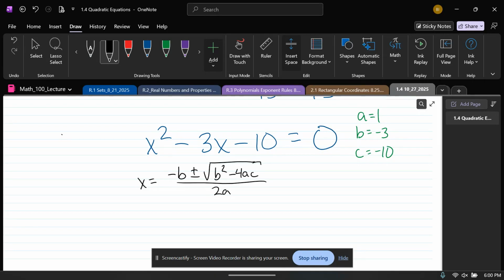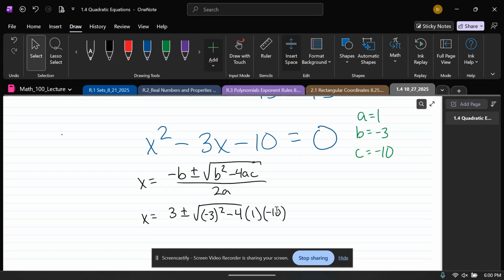Plugging in the stuff. Okay. 3 plus or minus the square root, -3 squared, minus 4 times a times c, divided by 2 times a. So negative b, so -3, that's why it's that +3 in the front.